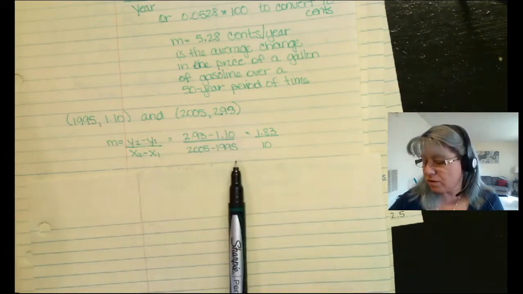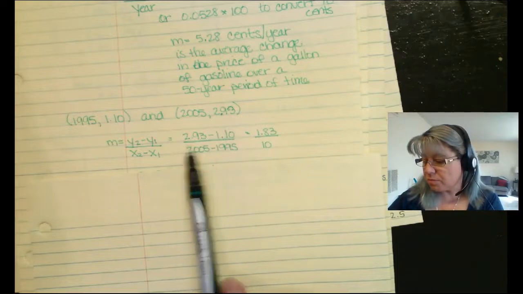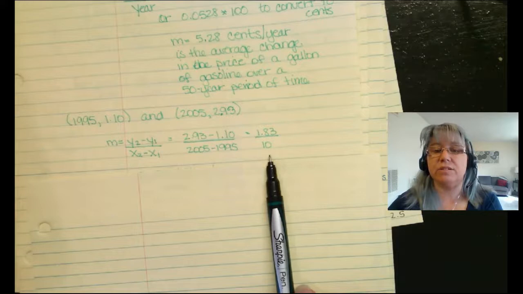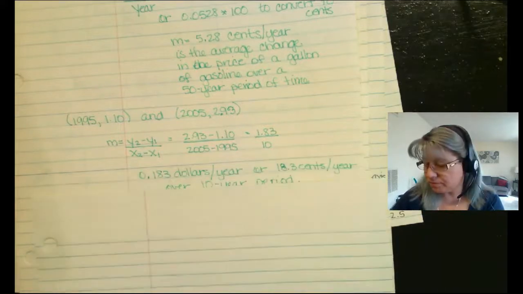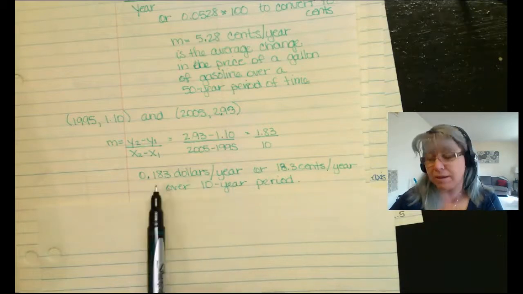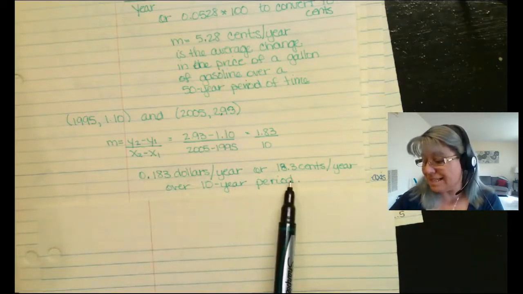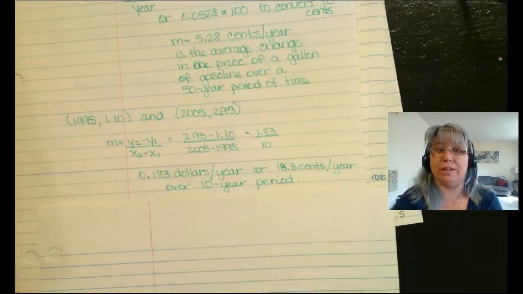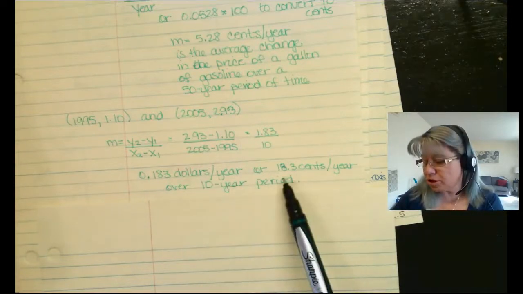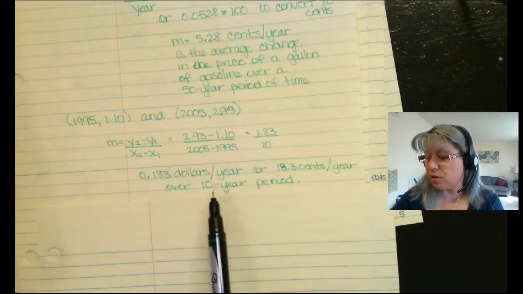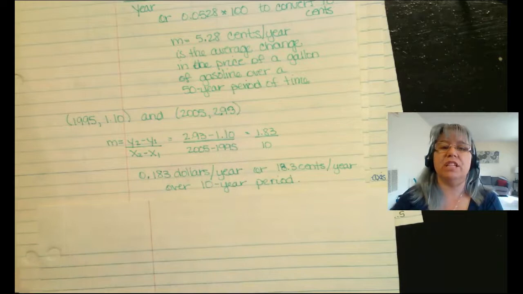Plug in your values, and you're going to get $1.83 for 10 years. Do that division. It's $0.183 per year, or again multiply it by 100 and you get 18.3 cents per year over a 10-year period. Much steeper change in the last 10-year period than it was for the overall 50-year change.